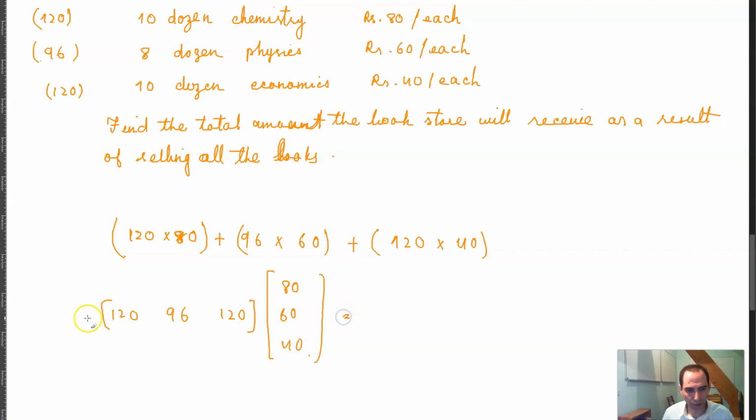And so here you have a 1-by-3 matrix, here you have a 3-by-1 matrix, and multiplication is defined, and you will get a 1-by-1 matrix, which means that you will have 120 times 80 plus 96 times 60 plus 120 times 40 as a 1-by-1 matrix.